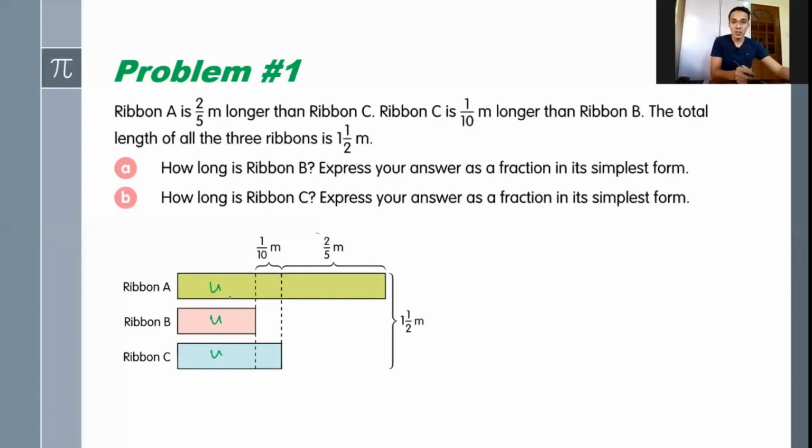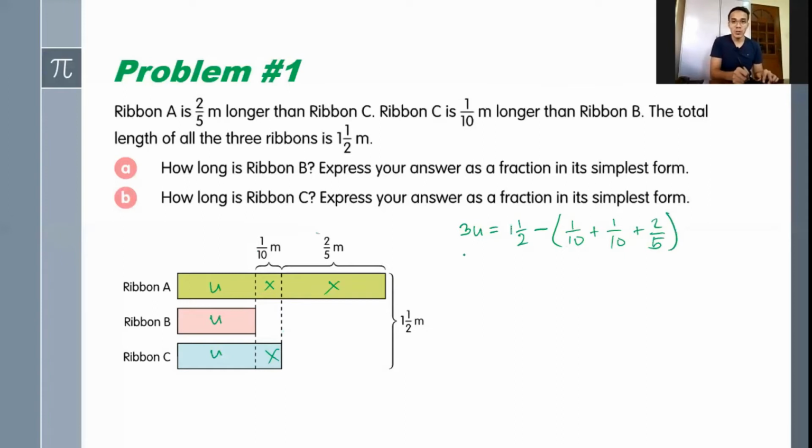So we have a total of 3 units. 3 units or 3U is equal to 1½ minus, we're going to take away this one, that's 1/10, minus 1/10 plus another 1/10 plus 2/5. That's the value of 3 units.